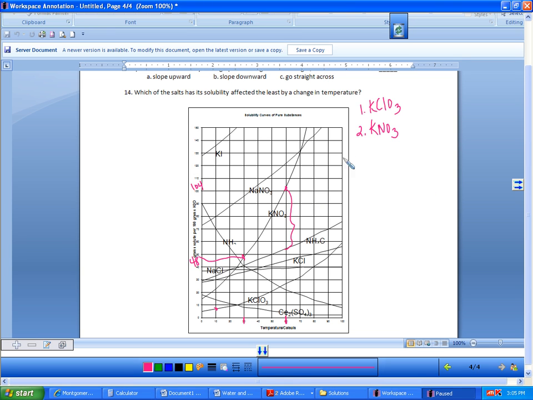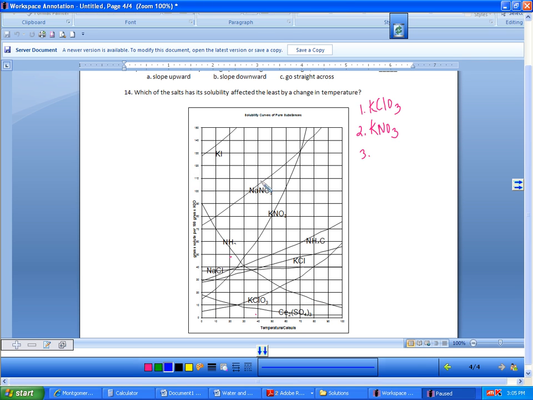Okay. All right, number 3. Set at 20 degrees Celsius, a standard solution of sodium nitrate contains 100 grams of solute and 100 milliliters of water. How many grams of sodium nitrate must be added to saturate the solution at 50? So I said, well, let's go back and find that. So I erased all this, and I was looking at sodium nitrate.